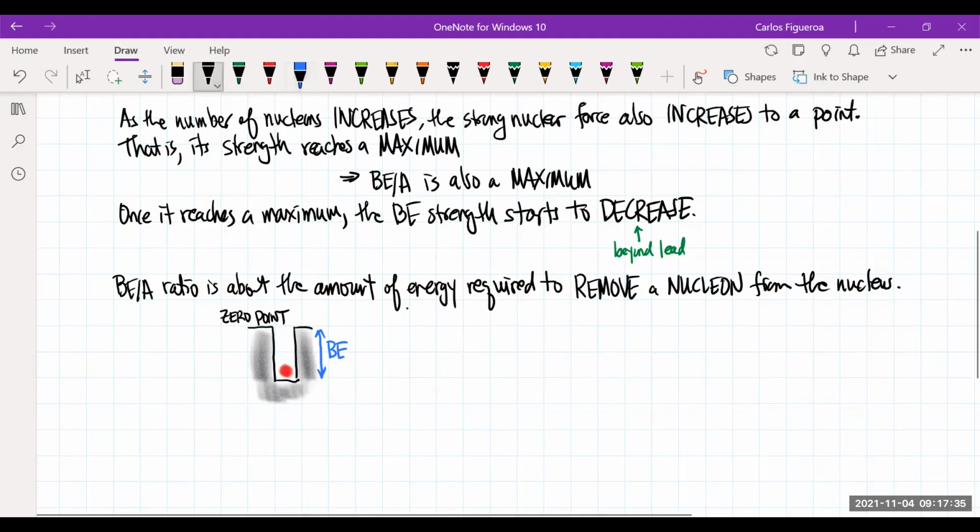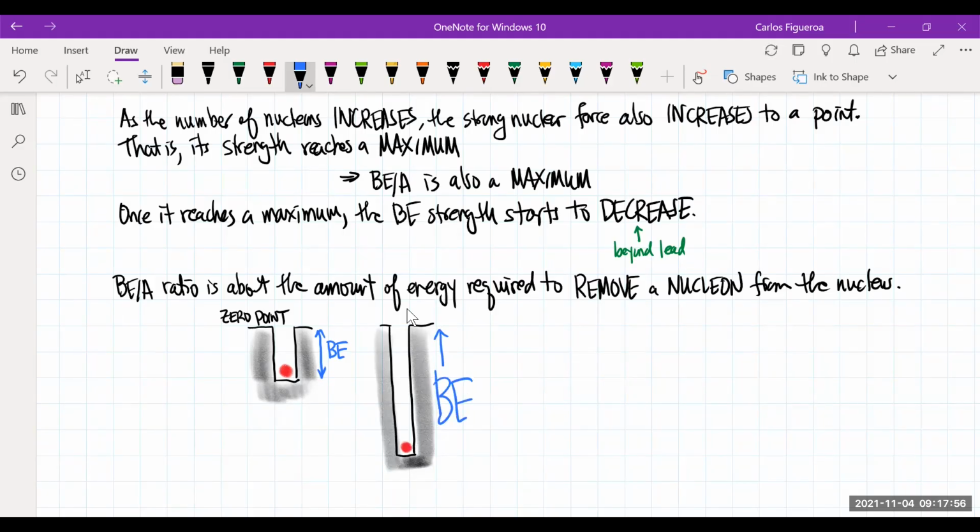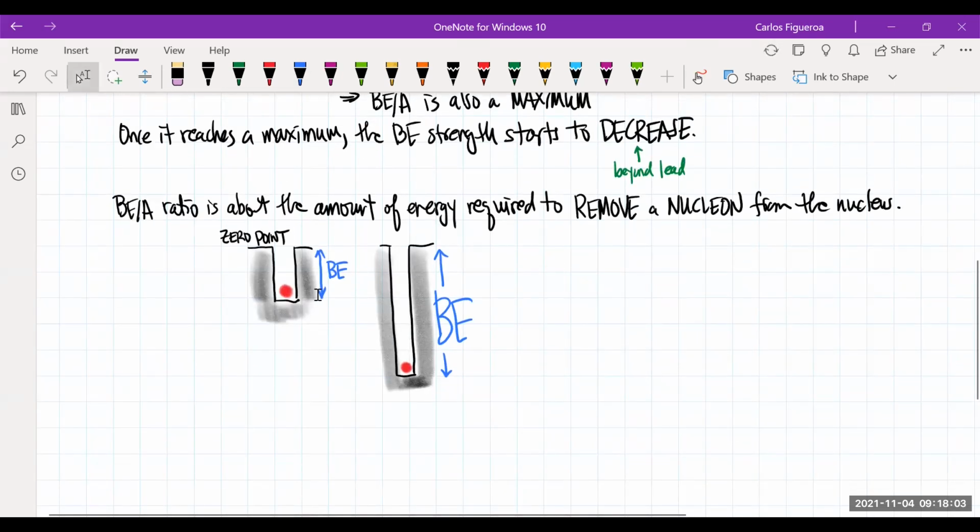But if I look at one that has way more binding energy, let's say it looks like this here, then if I have my trapped nucleon right here, this clearly tells me that it obviously has way more binding energy, and it's going to be harder to remove that here.